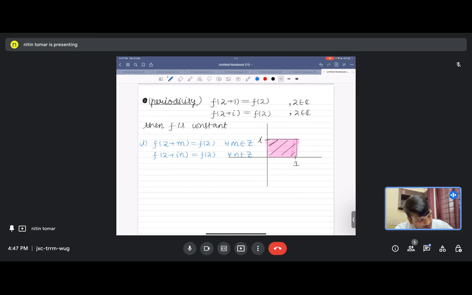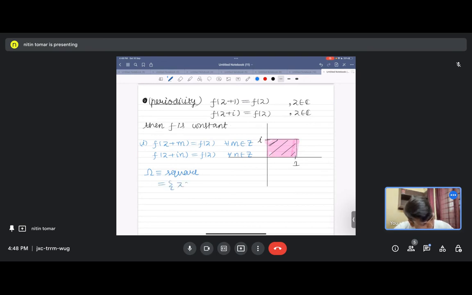Okay, so can I say, now I'm writing one thing. What should we denote with this square? Let's say omega. If omega is the square, which square?